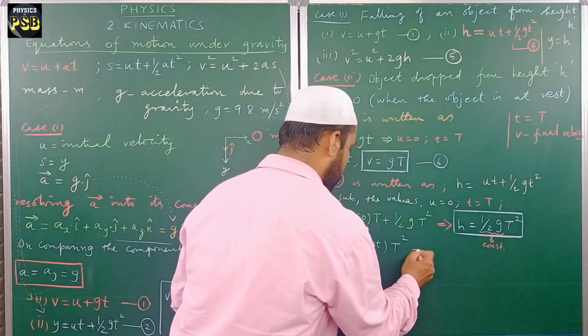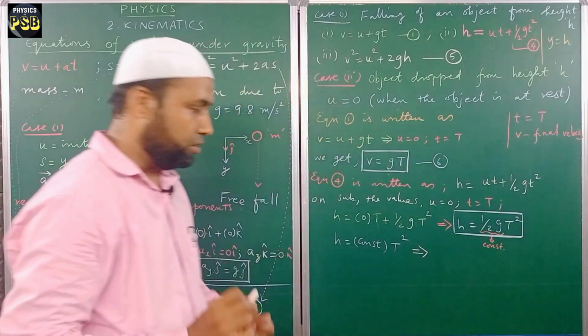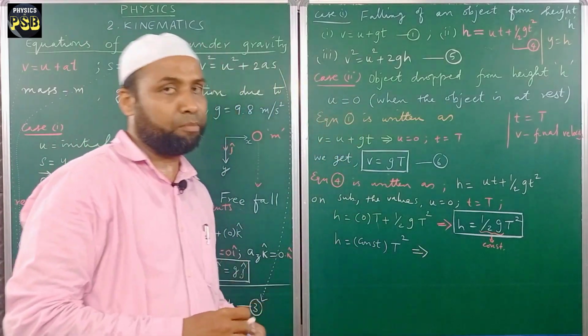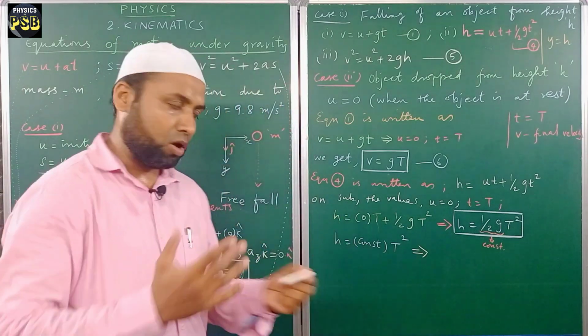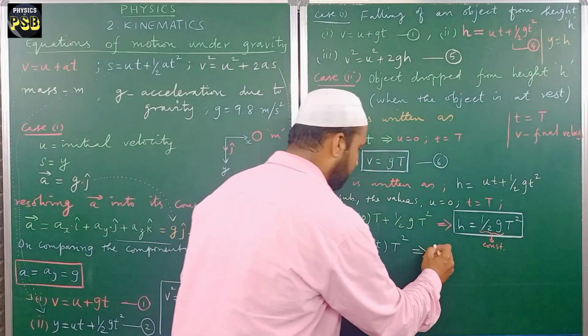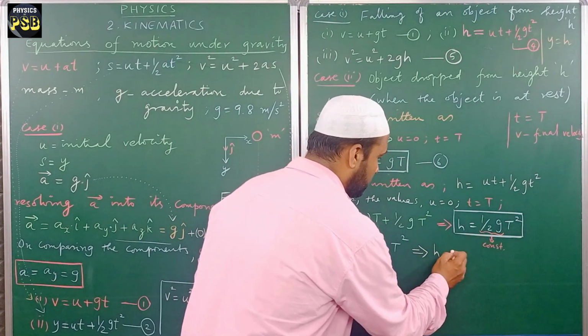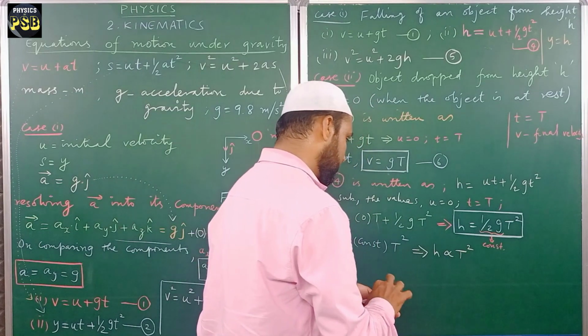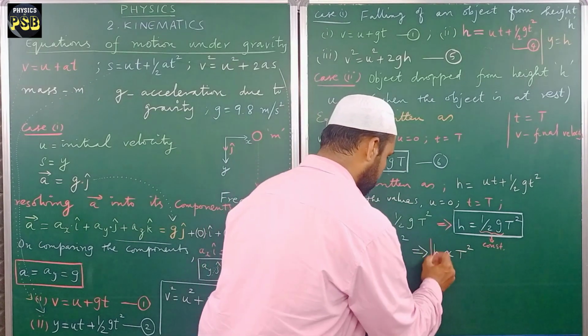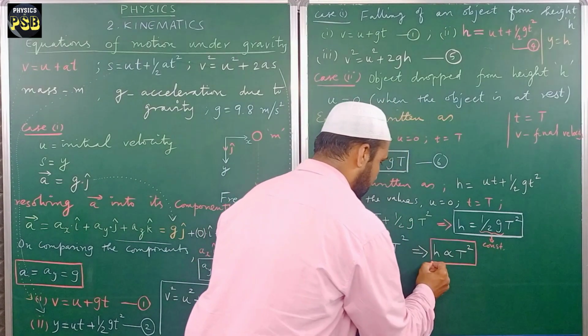From this equation, a new thing I am going to tell you. Whenever we multiply a constant with an equal to sign, on combining these two, we get the proportionality. So h is directly proportional to t square. This is a new relation.